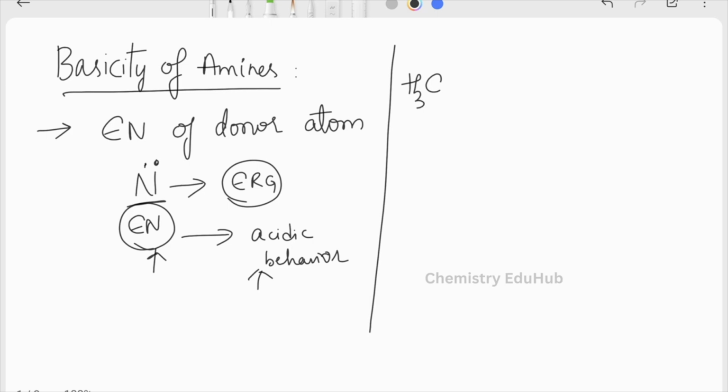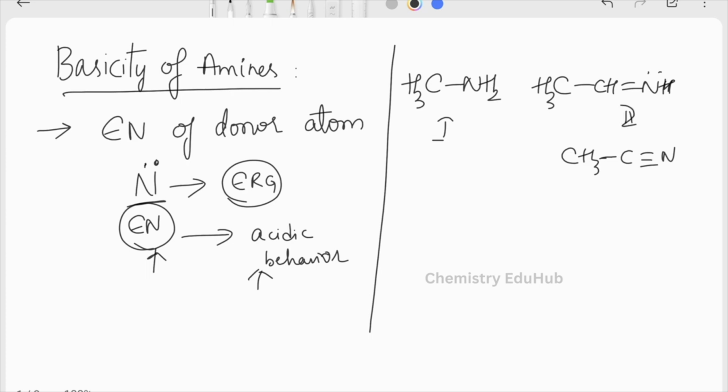Suppose we have methylamine, then we have ethynylamine or vinylamine, then we have CH3C triple bond N. So the bond between carbon and nitrogen here is a single bond, here it's a double bond, and here it's a triple bond.